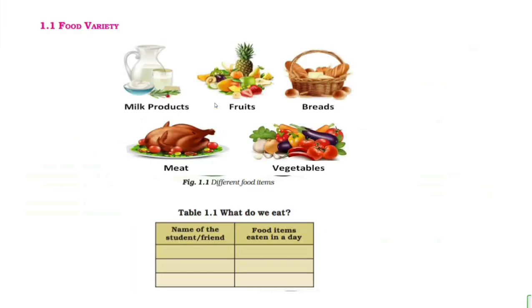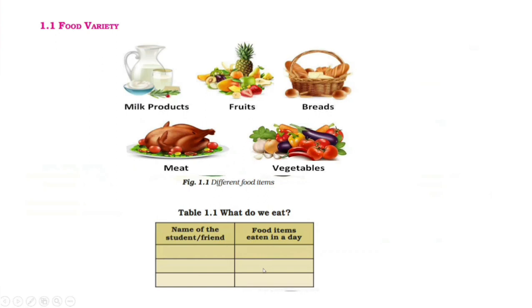Now, there are different varieties of food which we eat on a daily basis, like milk products, fruits, bread, meat, vegetables, and all these items. We are not eating the same food daily, and we are not eating the same kind of food even at breakfast or lunchtime. So in this first table, you have to write down the name of the student or the friend on the left-hand side and the food items you have eaten in a day.